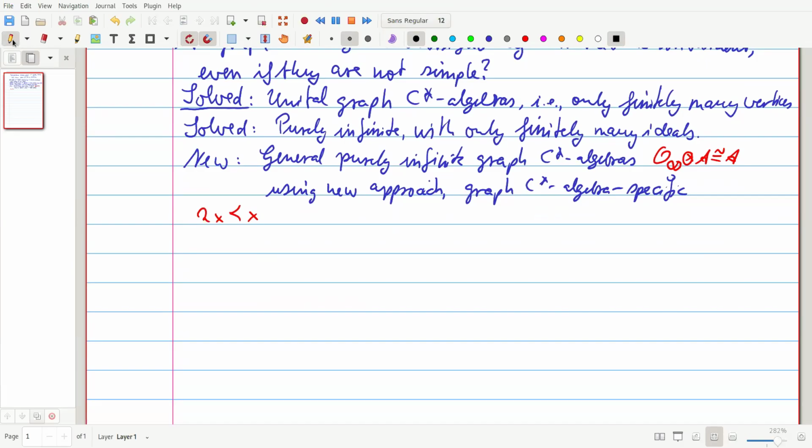And maybe let's also mention a different kind of result, which we also prove along the way. Namely, when I say classified, probably you mean up to isomorphism. Another new result is that we got a classification up to homotopy equivalence, even ideal preserving.